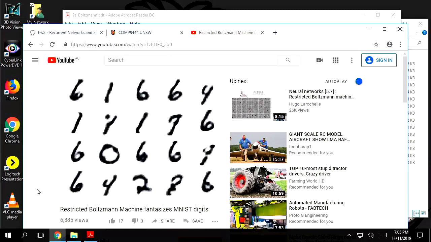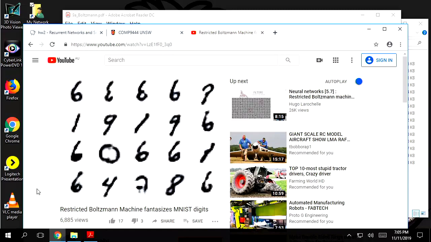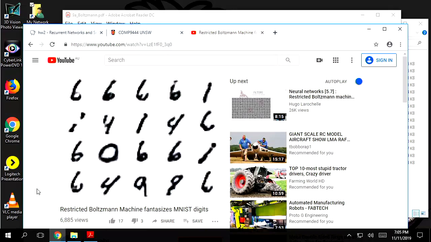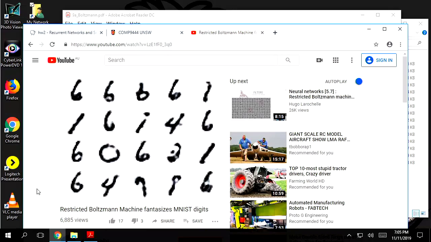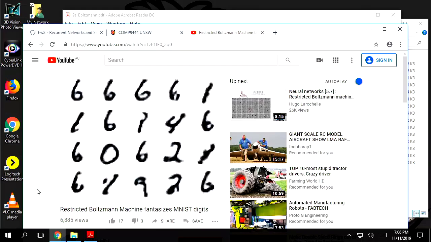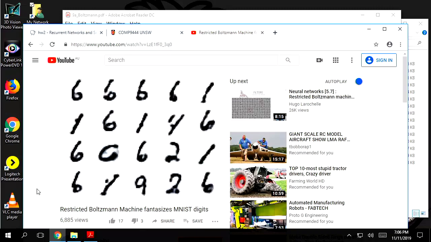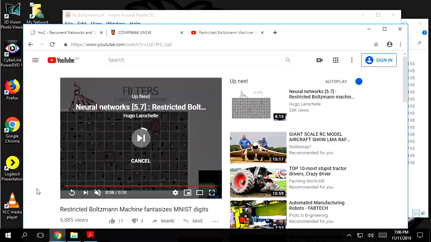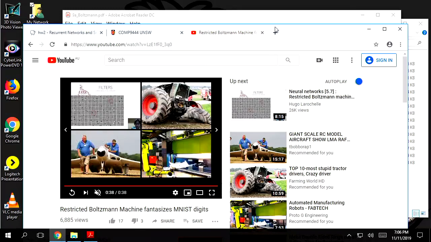So these things kind of shift around, and the idea is if it ran for long enough, it would eventually go through all the 10 different digits and different styles of each digit.